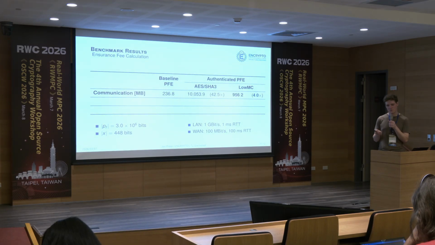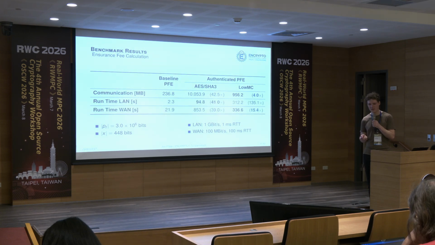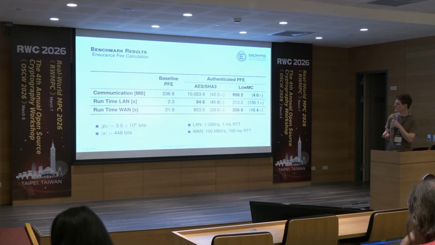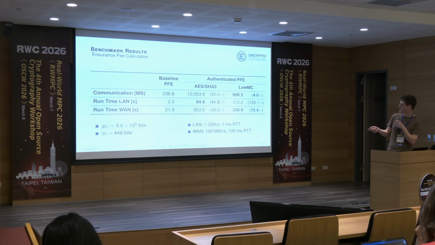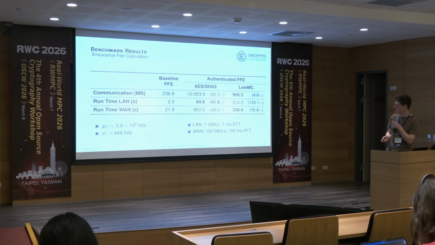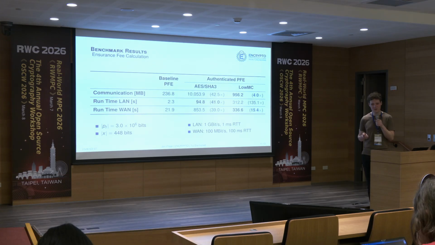And maybe more interesting, for the runtimes in LAN and in WAN, for the MPC-friendly instantiation in the LAN setting we get an overhead of 135, which is huge, but in a standardized setting an overhead of 40. And interestingly, in the WAN setting, so for slow networks, we get an overhead factor of only 15 over the baseline PFE.